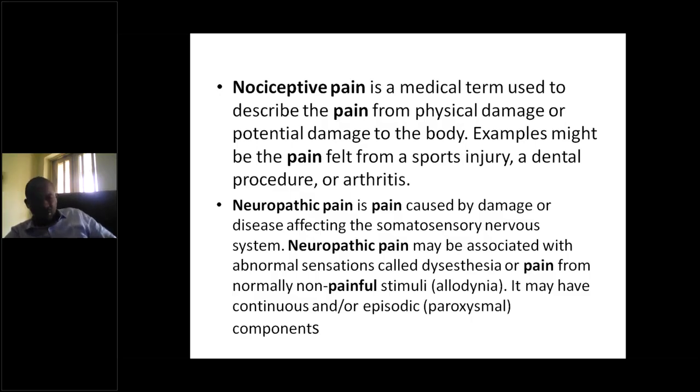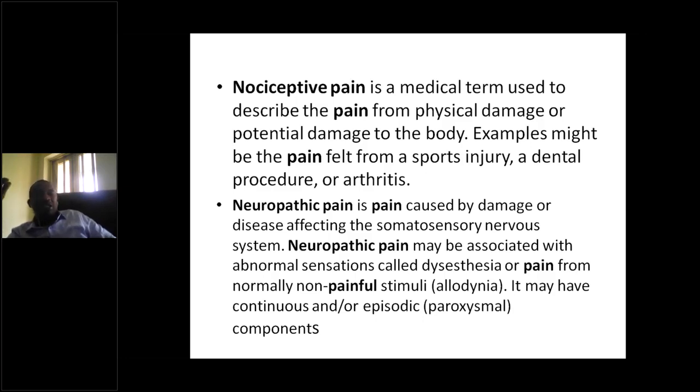Neuropathic pain is terrible. It comes in different forms. The person may be feeling burning all over. Sometimes the person will be feeling as if an ice block is on him or her. Sometimes the person will be feeling as if he put his leg inside fire or inside nails.